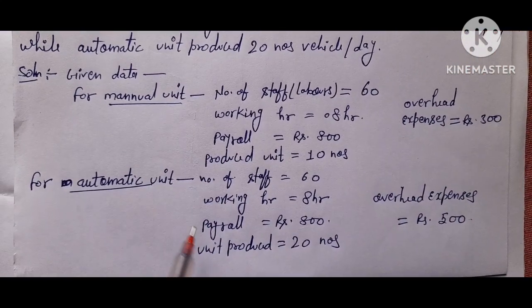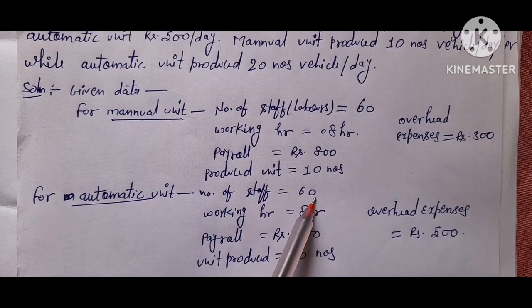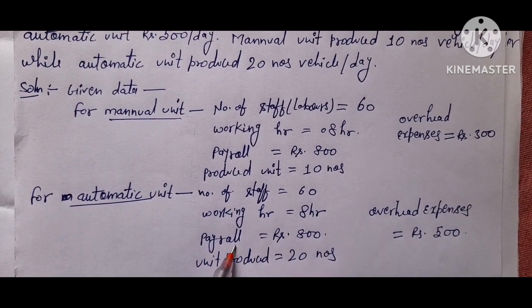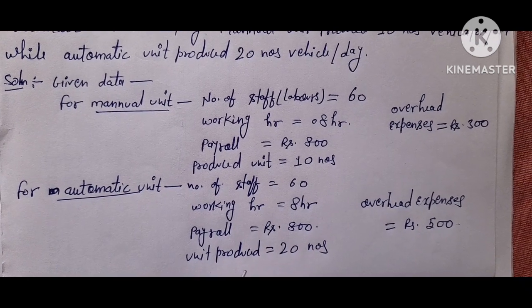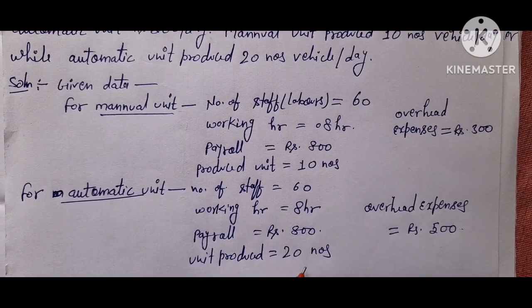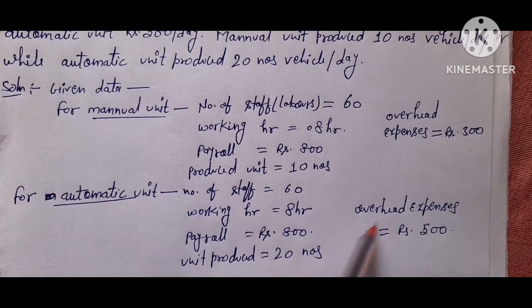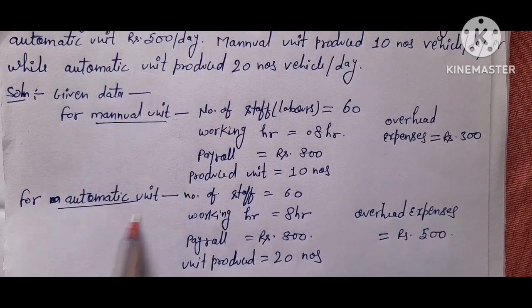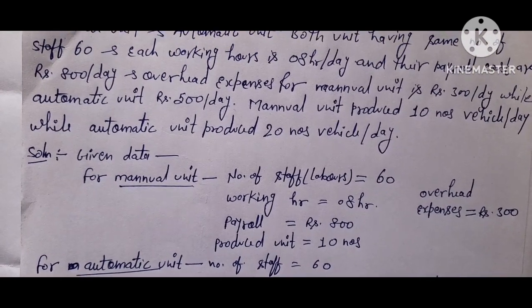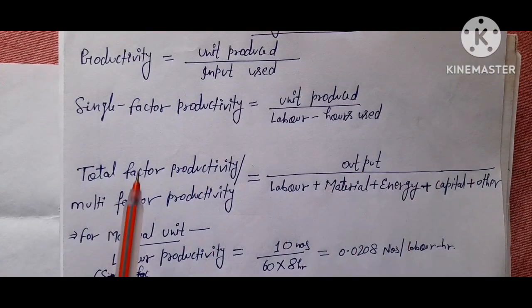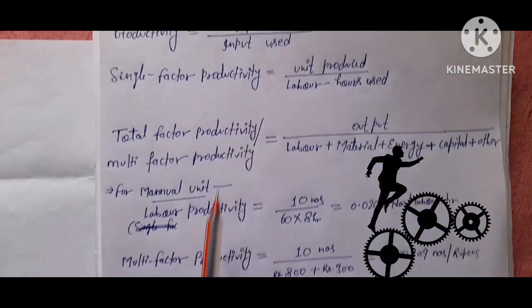In the automatic unit, number of staff is 60, working hours 8 hours per day and payroll 800 rupees, but production is 20 units per day, and overhead expenses for the automatic unit are 500 rupees. So what are the single and multi-factor productivity? We apply the formula.